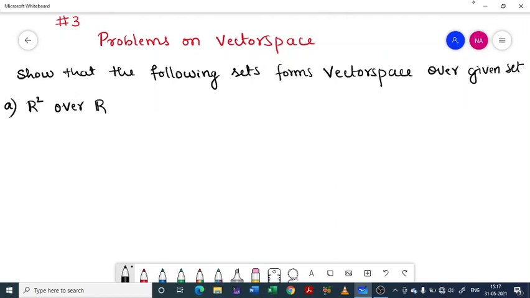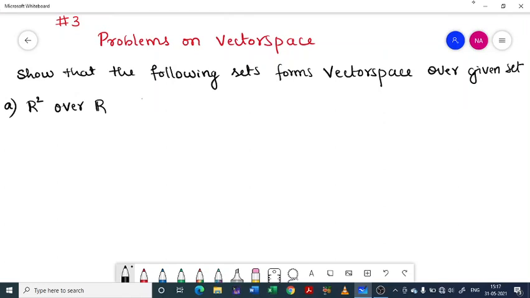So the general statement is you have to show the given set is a vector space over the given field, generally R. First, R square over R: you have to prove that R square forms a vector space over R.